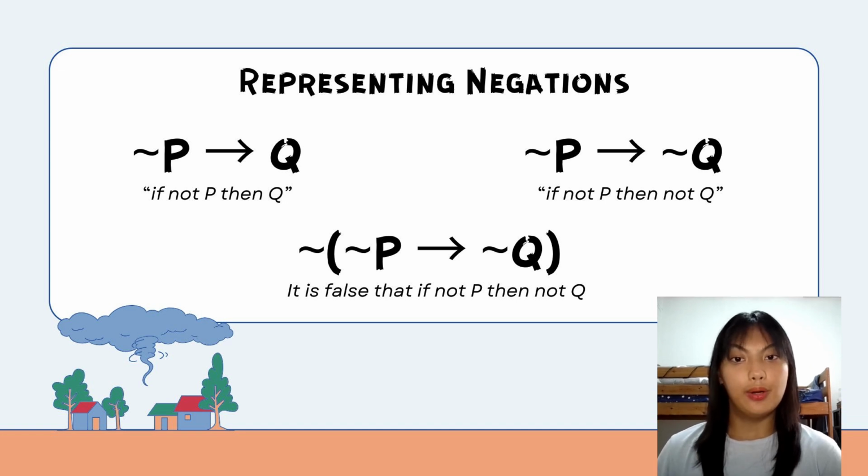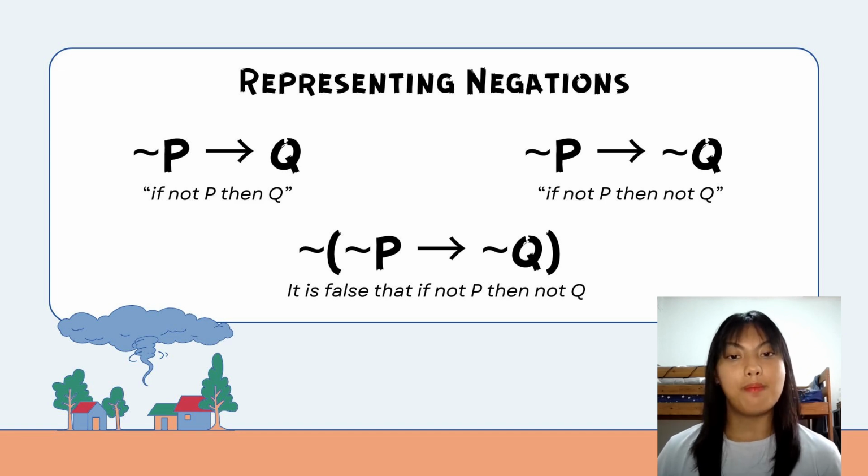We can negate both simple and compound statements. However, in negating compound statements, it does not simply mean not. Rather, it can be stated as it is not the case that. And if this phrase becomes redundant, we can use the phrases it is false that or it is not true that.